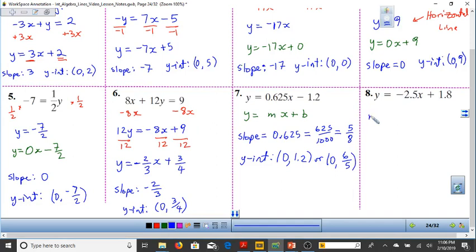Again, the slope is negative 2.5, which is negative 5 over 2. It's a decreasing line. And the y-intercept has coordinates 0, 1.8, which you could write as 0, 9 over 5.